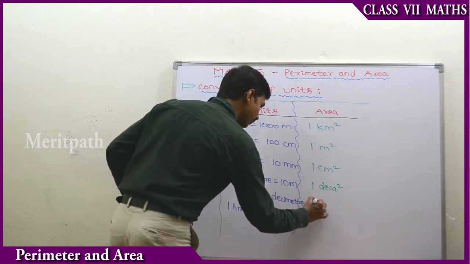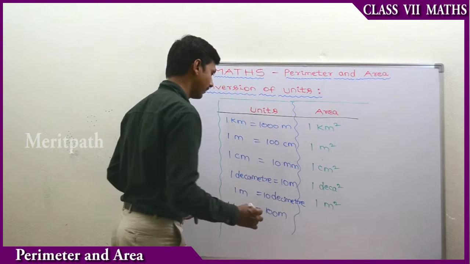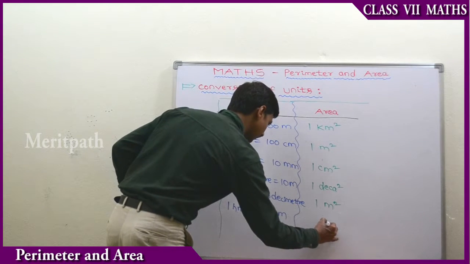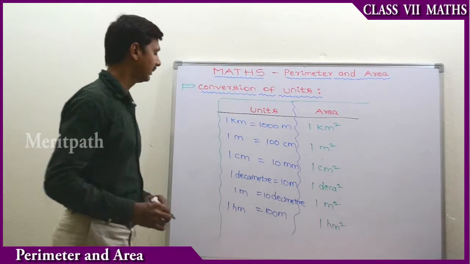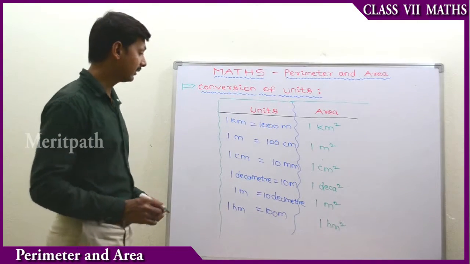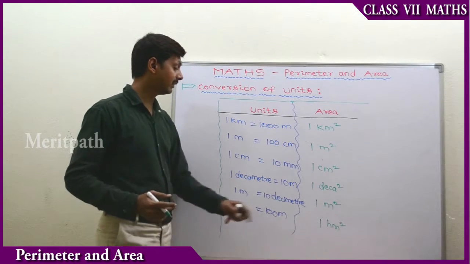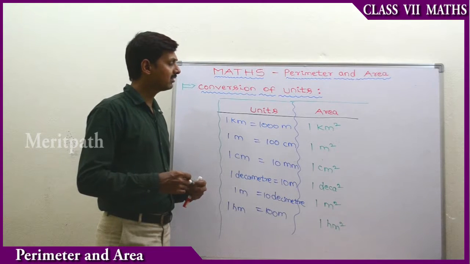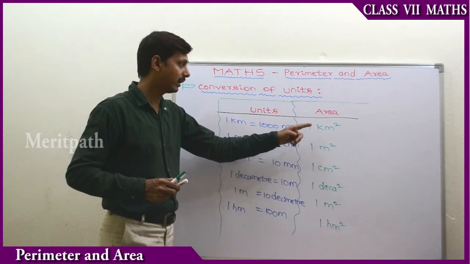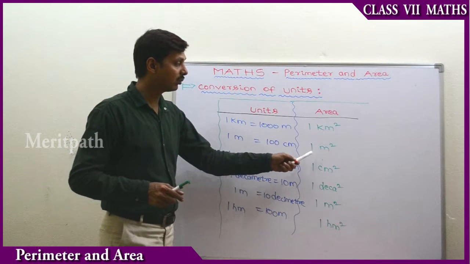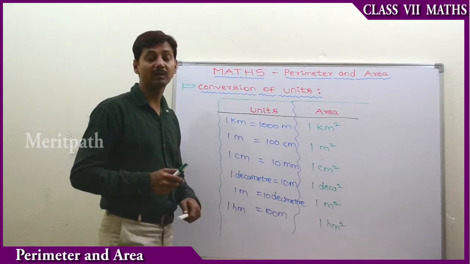And this is 1 meter square, because of 2 dimensions. This is 1 hectometer square. 1 hectometer is 100 meters. So these are all the things we need to change in the area: 1 kilometer square, 1 meter square, 1 centimeter square, 1 decameter square, and 1 hectometer square.